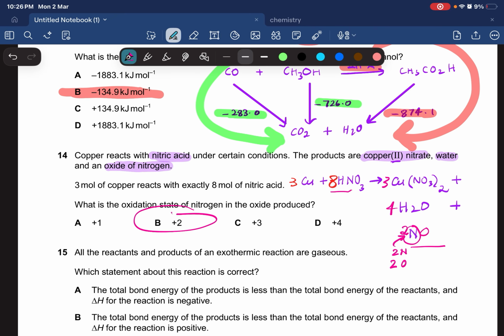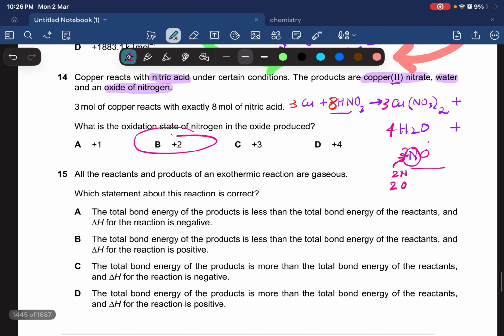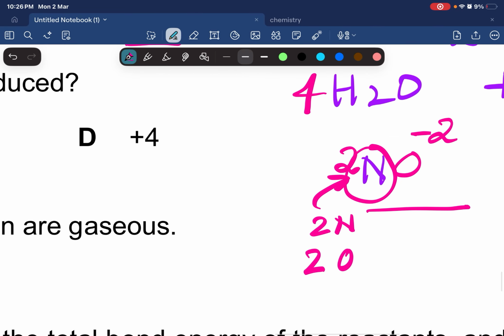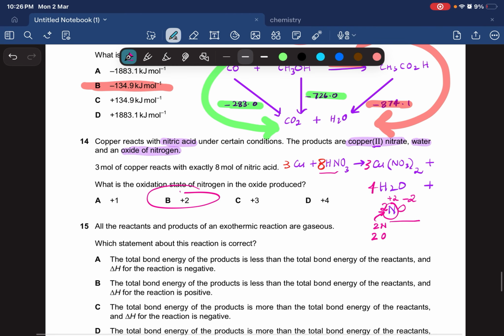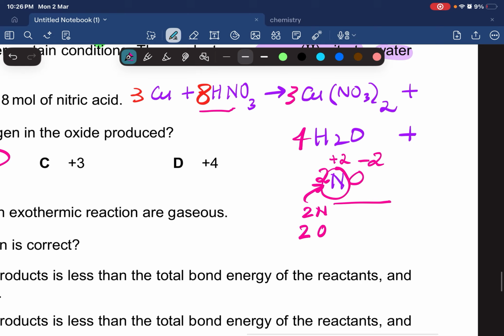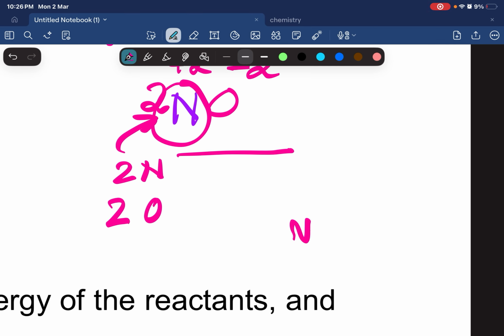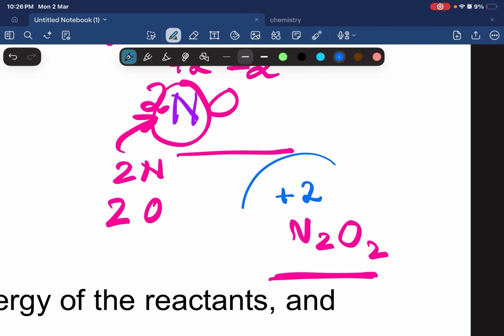Even if you make N2O2, check out nitrogen's oxidation state. It's still going to be positive 2.